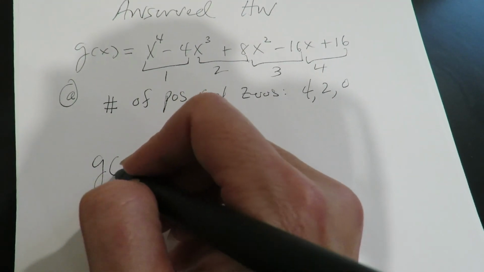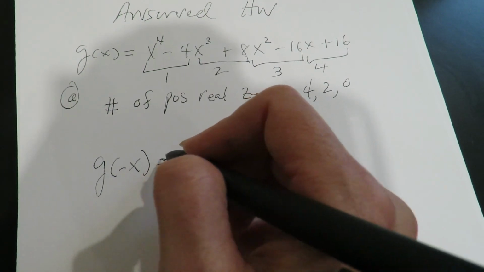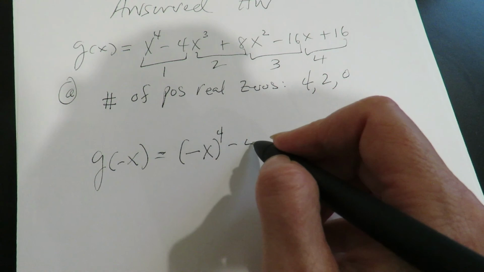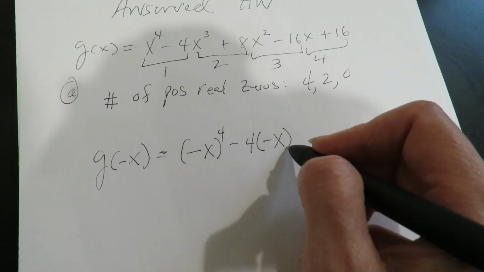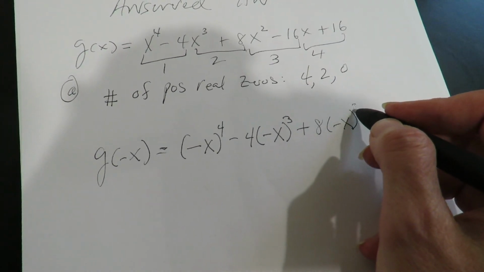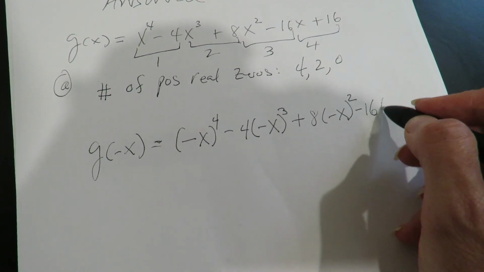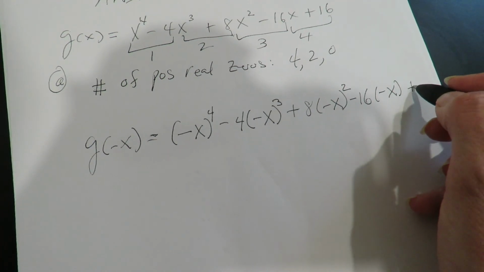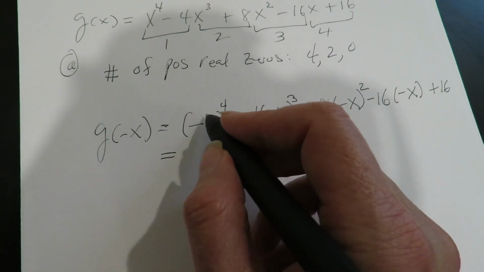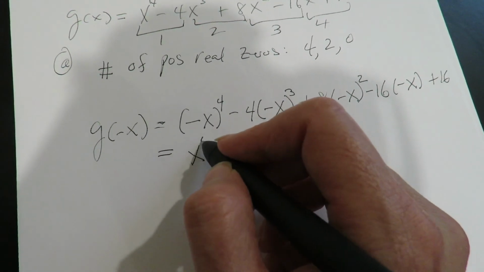Alright, now we have to find g of negative x. So you replace x with negative x and simplify that. If it's to an even power, the negative goes away.